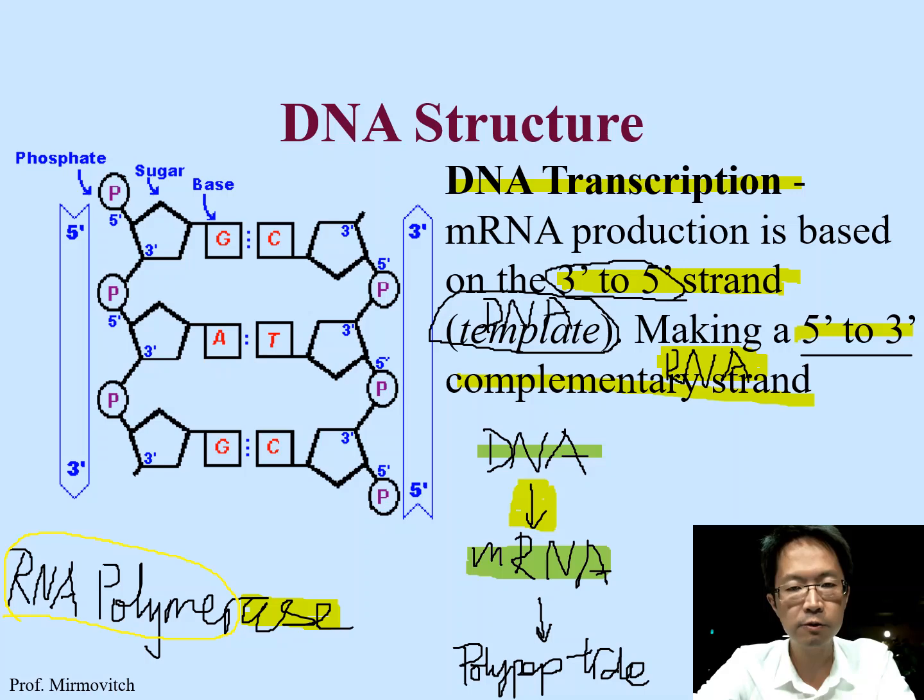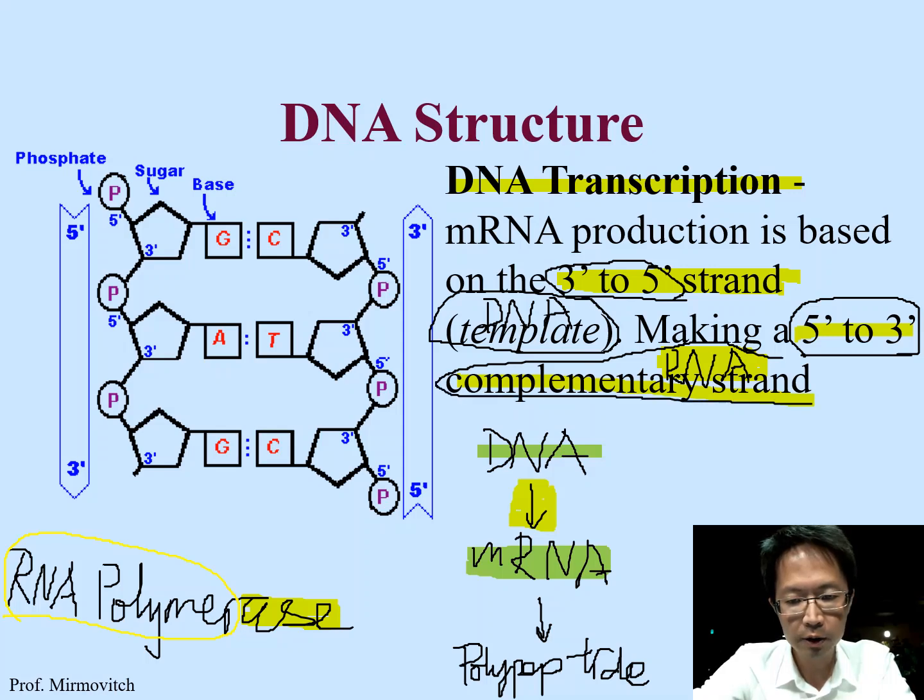As the RNA polymerase enzyme moves along the DNA template from 3' to 5', then what happens? It will make an RNA polymer. The RNA polymer will be made from 5' to 3'. The RNA complementary strand will be made from 5' to 3'.